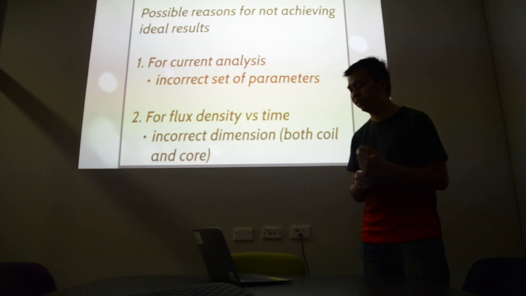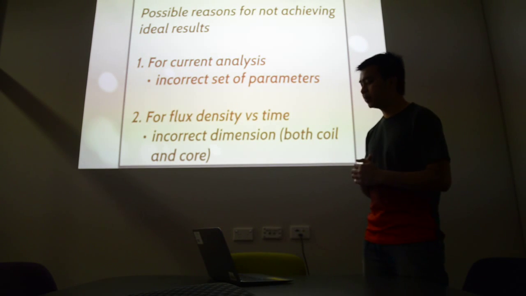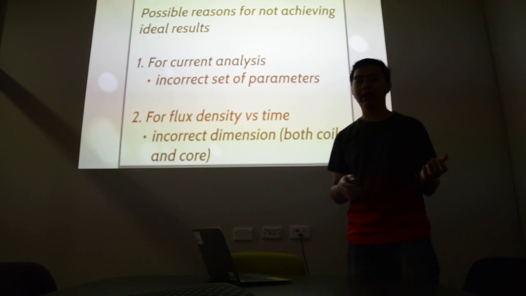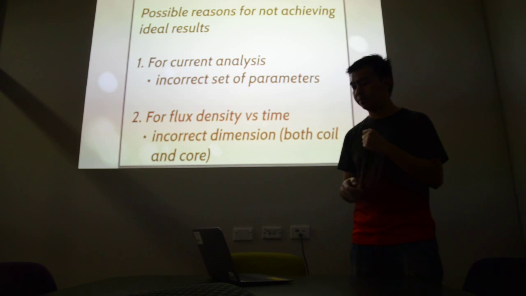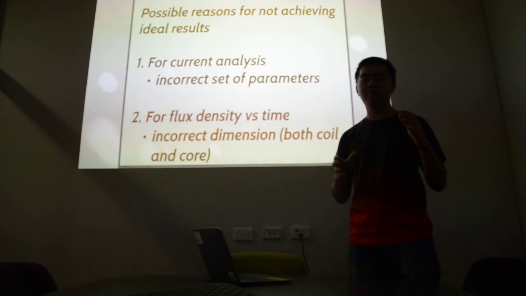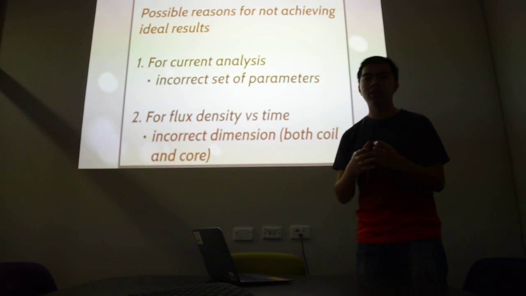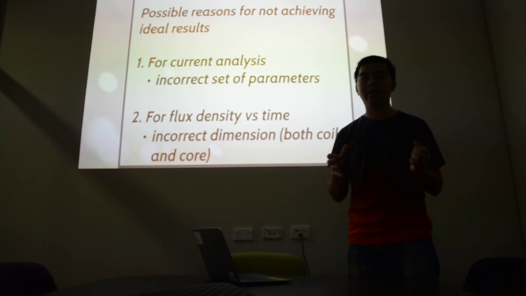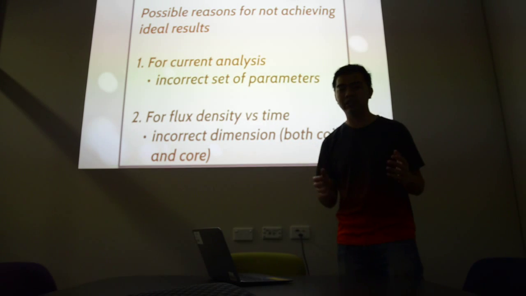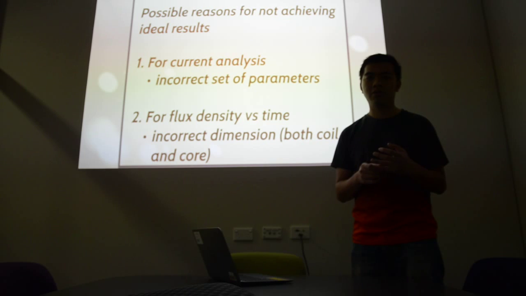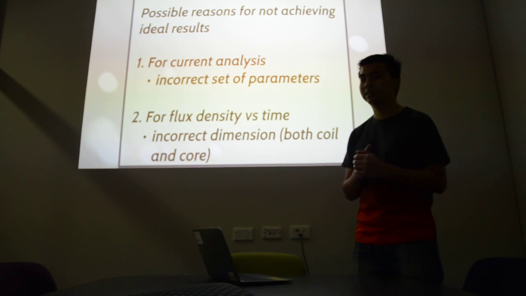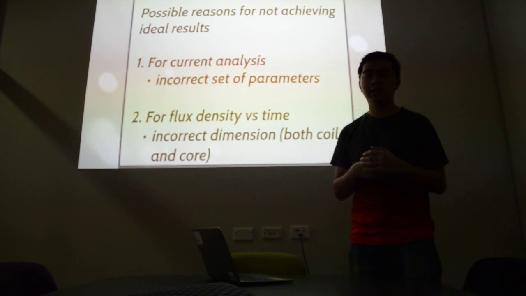For the flux density versus time, there's a big possibility that I used incorrect dimensions. For example, if the core is very big but the coil doesn't have enough impedance, it will not saturate the iron core well. So there might be some error in that simulation.